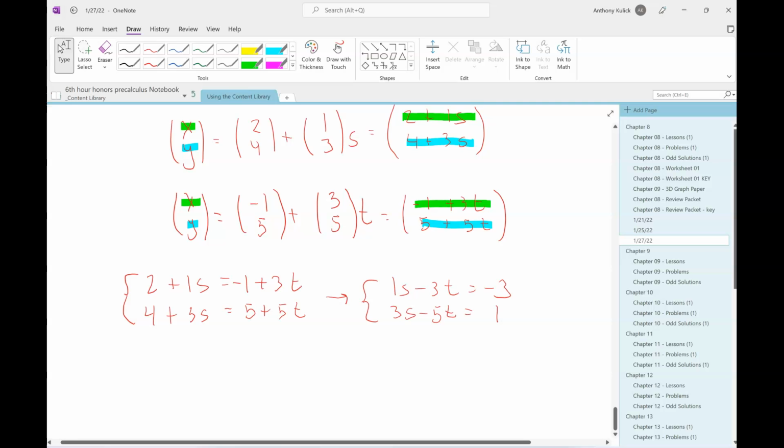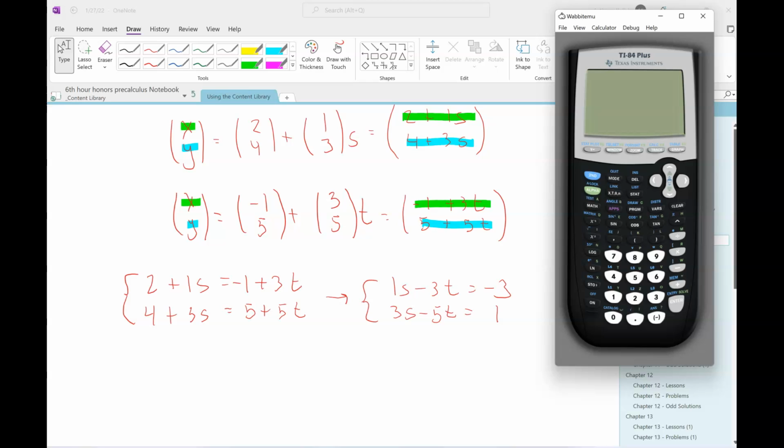I would use a matrix and do row reduced echelon form because I can do this entirely on my calculator. That would be the choice that I would make so that it becomes not a by hand calculation. Sound good to you guys? All right, let's review how we do that.